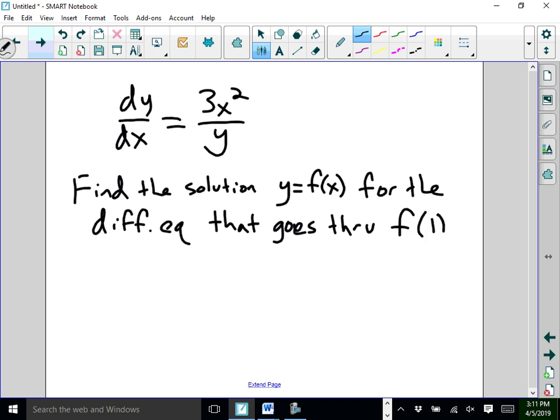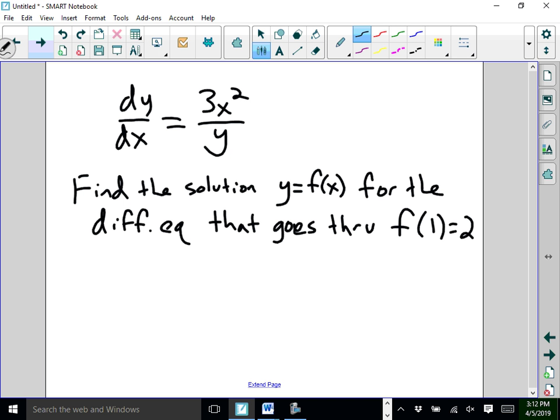Conceptually thinking about this problem, what they give me is dy dx. What I want is y, I want y equals f of x. So to go from dy dx, which is a derivative, back to the original function, I know that this is going to be an integral type problem. I'm going from derivative back to function, so I'm going to have to do an antiderivative here.